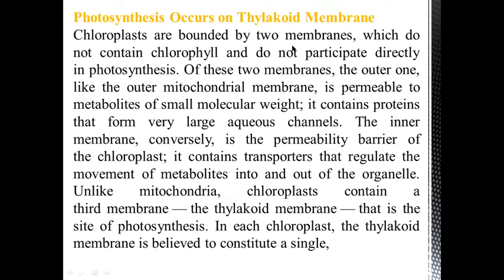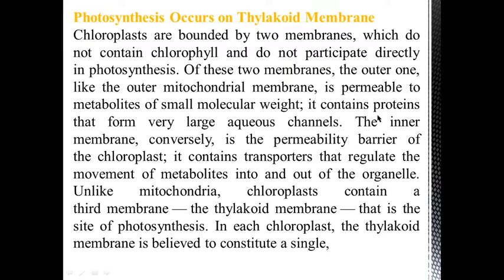Chloroplasts are bounded by 2 membranes, outer membrane and inner membrane, which do not contain chlorophyll and do not participate directly in photosynthesis. Of these 2 membranes, the outer one, like the outer mitochondrial membrane, is permeable to metabolites of small molecular weight.